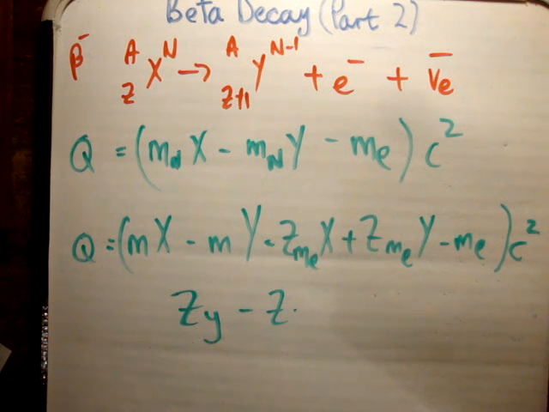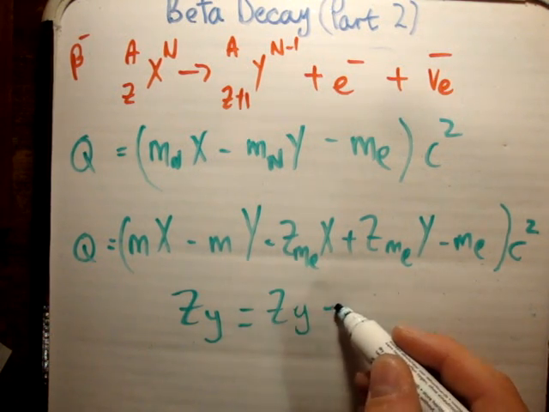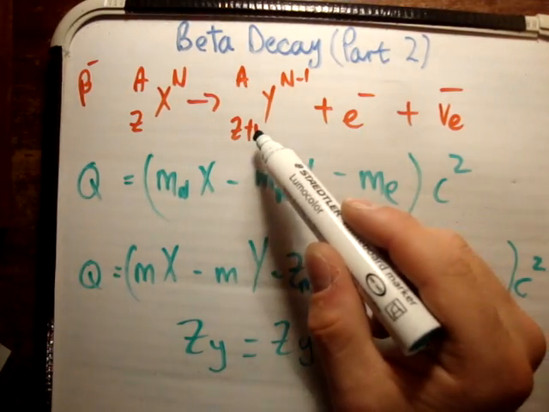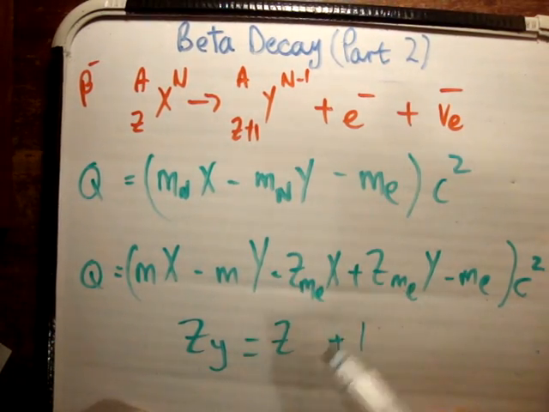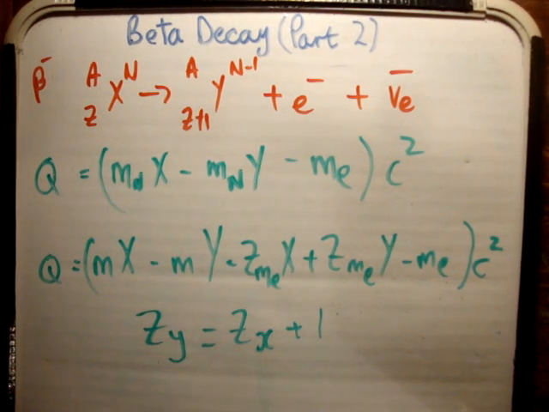So it's number of protons for Y. What I've written is this plus 1. Let me think now. The number of protons for Y is equal to the number of protons for X plus 1. Sorry about that. That was just my notes making a mistake.